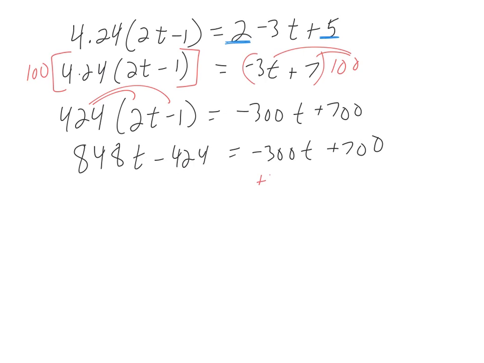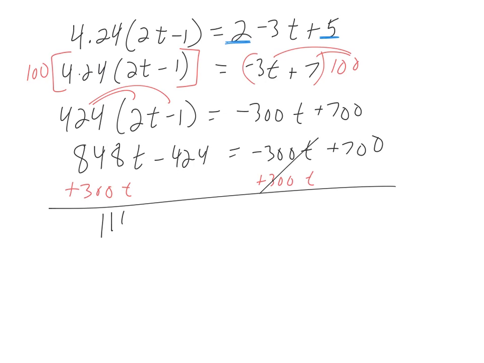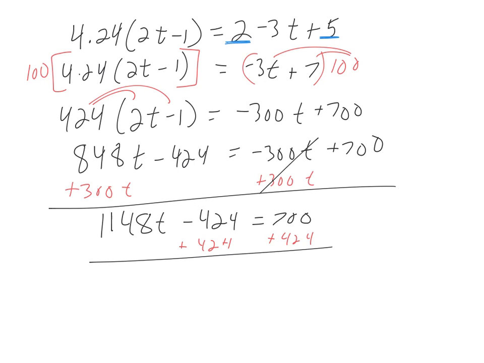So now I'm going to add 300t to both sides. Going to cancel out and get 1148t minus 424 equals 700. Then I'm going to add 424 to both sides.